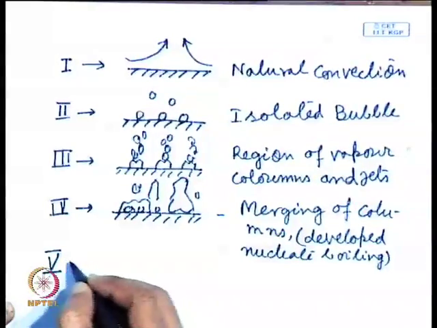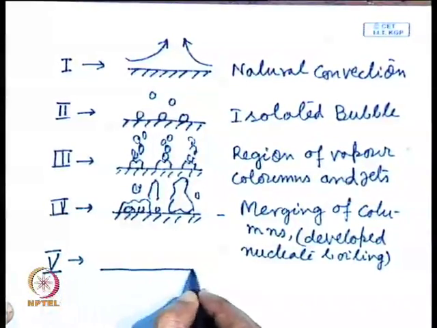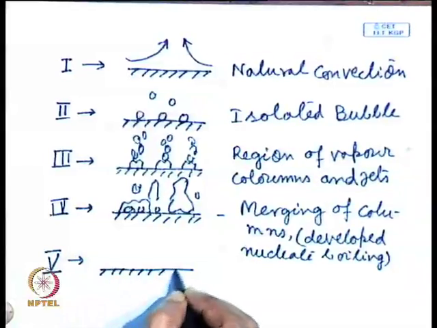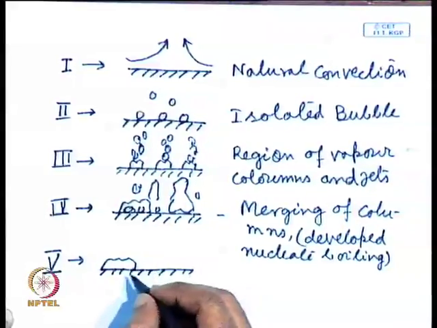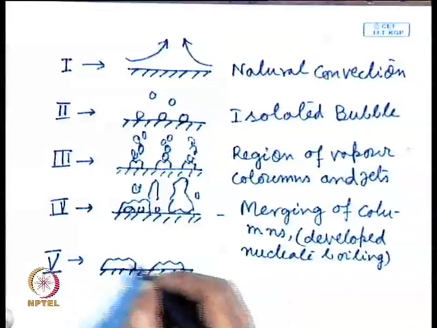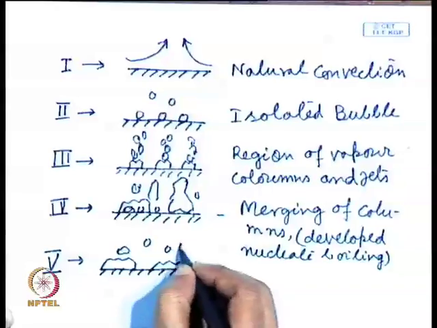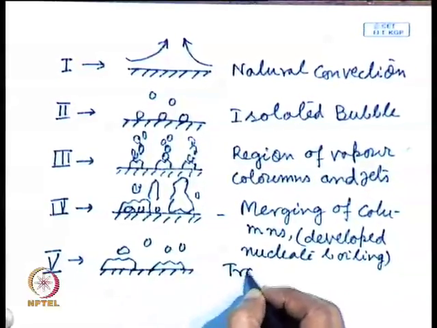In the fifth regime, what I will find is that the surface is partially blocked by vapor patches and partially it is contacting the liquid. So, this is called transition boiling.